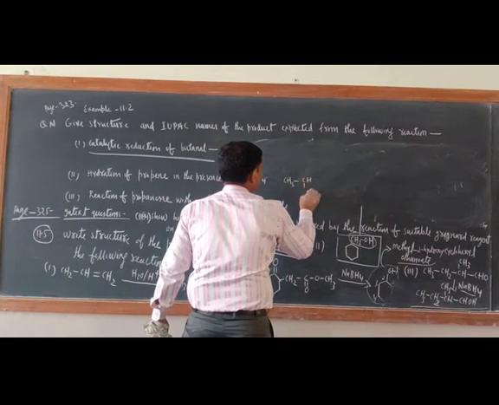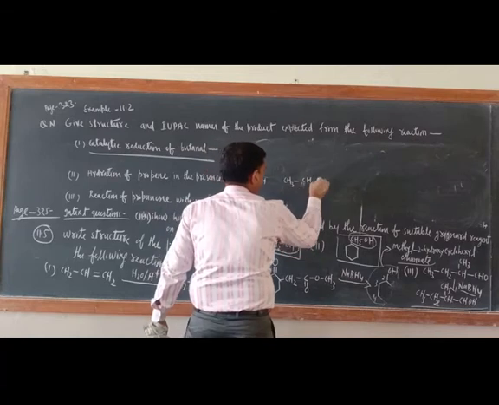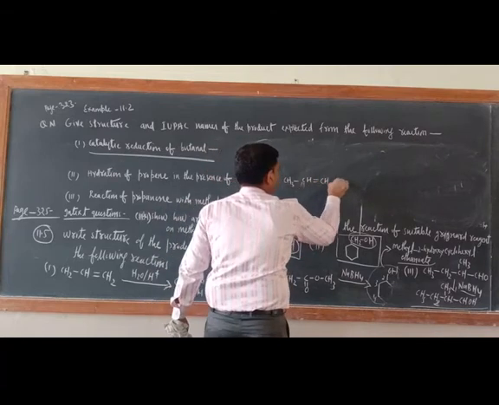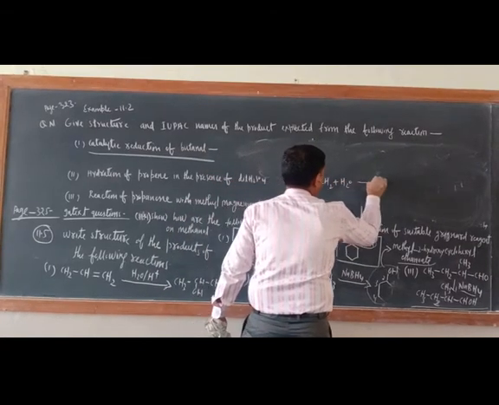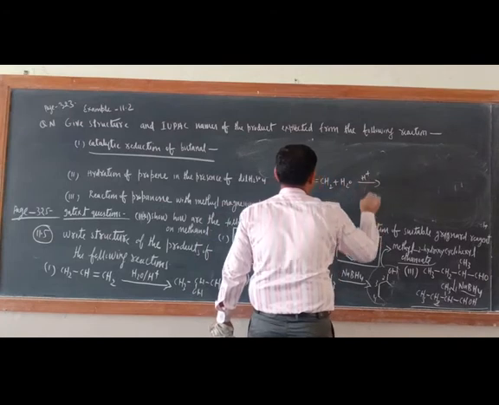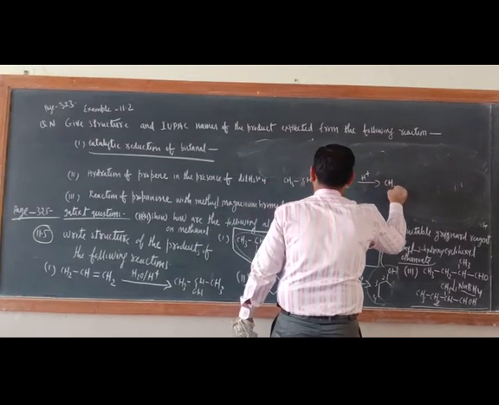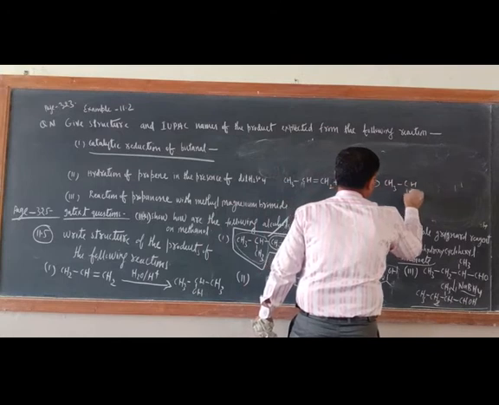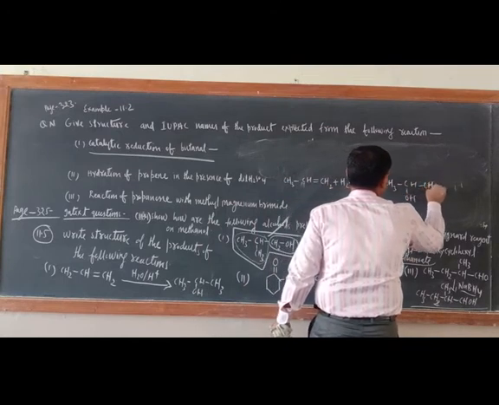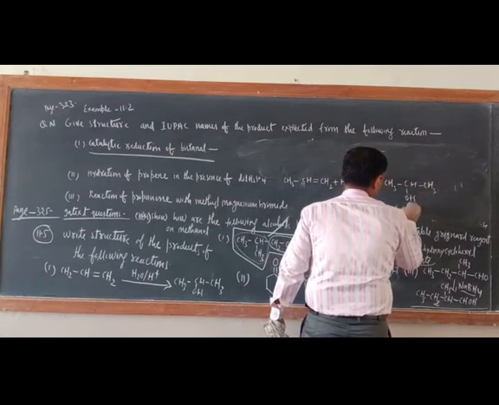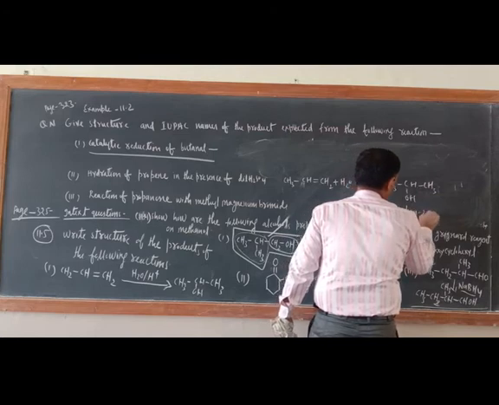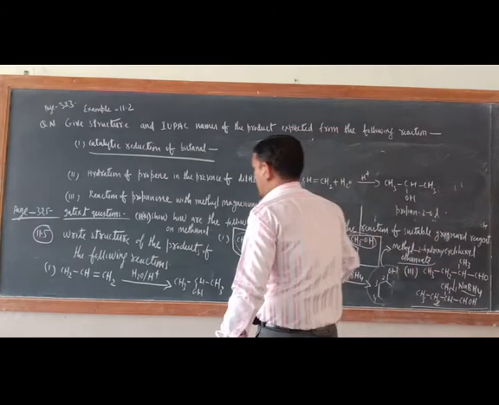Write down here CH3 CH double bond CH2, its reaction with H2O in presence of H positive. So the product is CH3 CH OH CH3. Okay, what is the name of this one? Propan-2-ol. Okay, this is the product.